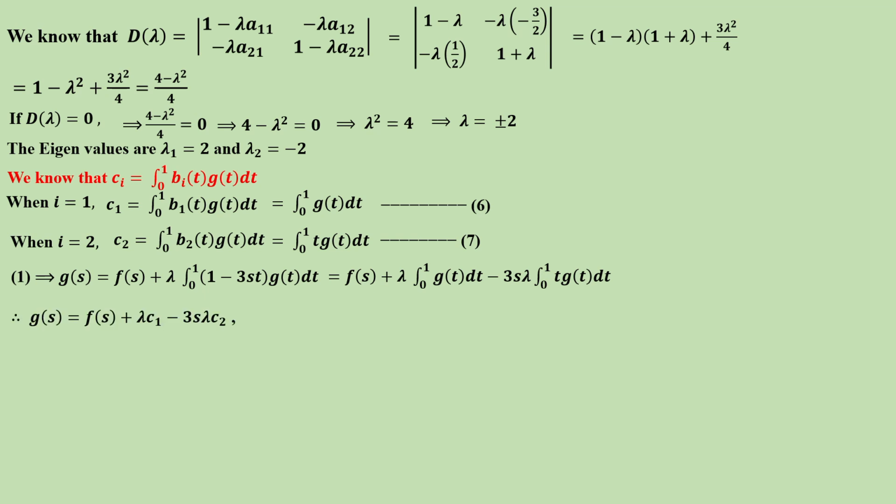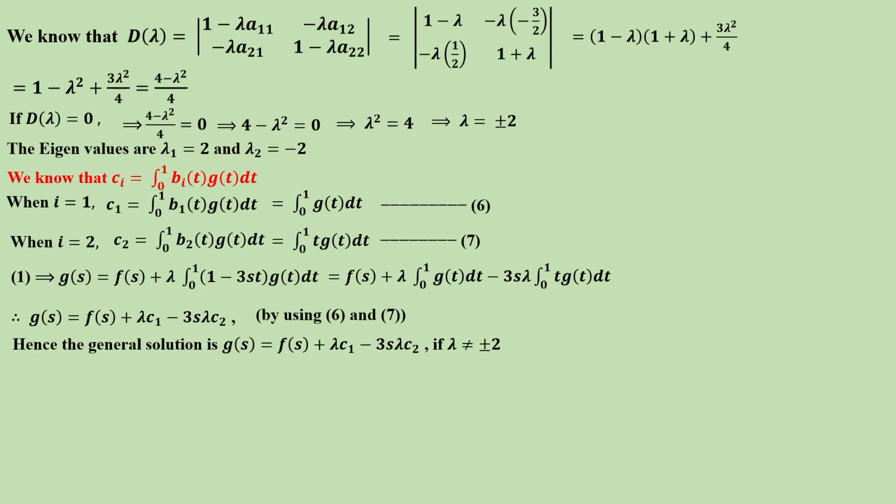So g(s) = f(s) + lambda c1 - 3s lambda c2, from 6 and 7 substituting the values. Hence the general solution is g(s) = f(s) + lambda c1 - 3s lambda c2, if lambda is not equal to plus or minus 2.